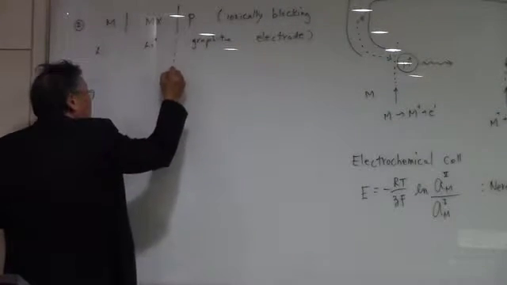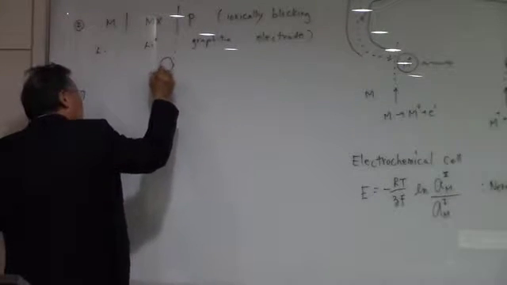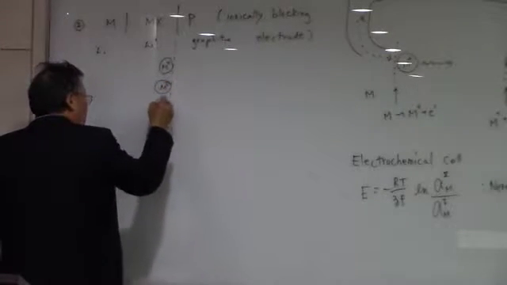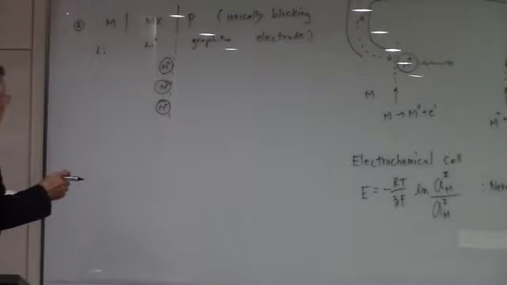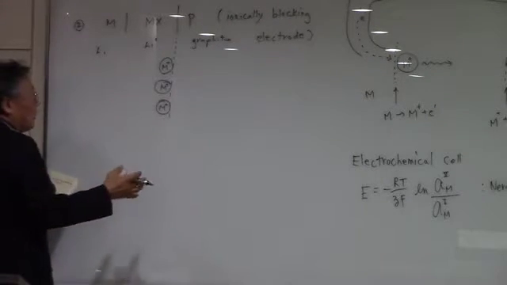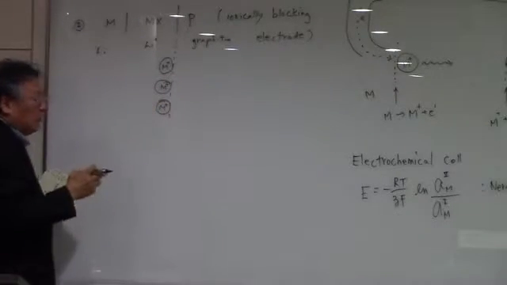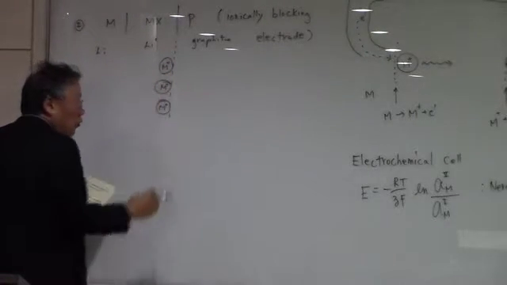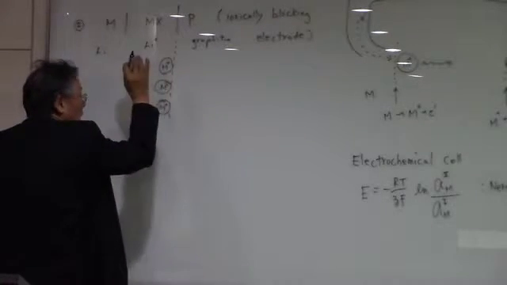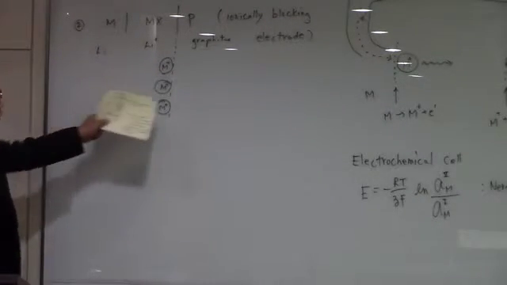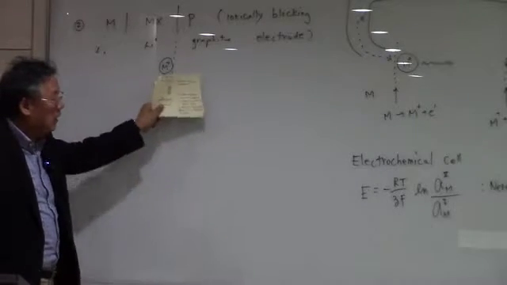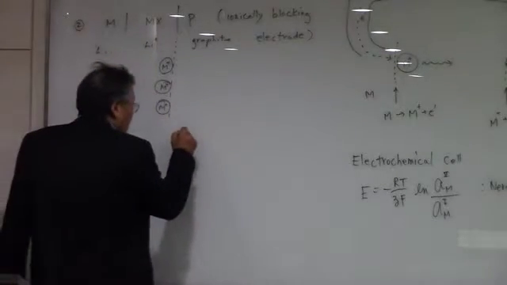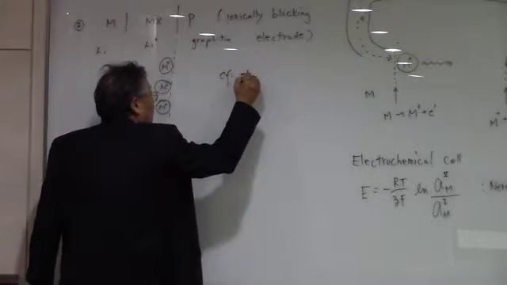Then what we can see here is that we are going to have polarization like this, and then of course the electron can be supplied to this M plus ion through the electrode on the other side, so that it can be neutral, but these neutral atoms cannot penetrate into this ionically blocking electrode, so that it's going to be plated. We call this electroplating.